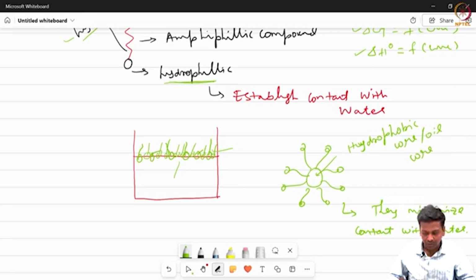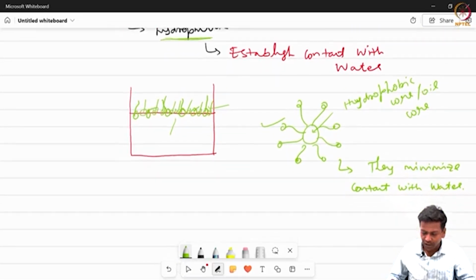As soon as they go to the bulk, they combine, self-assemble to form micelles. So this is nothing but a micelle. When they self-organize in this fashion, they try to minimize their exposure or contact with the water molecules. In this way, they can avoid contact with the water molecules.